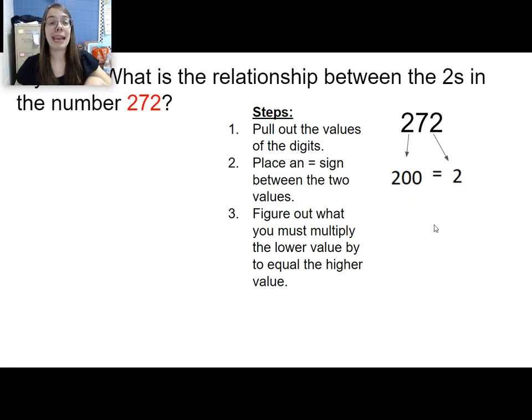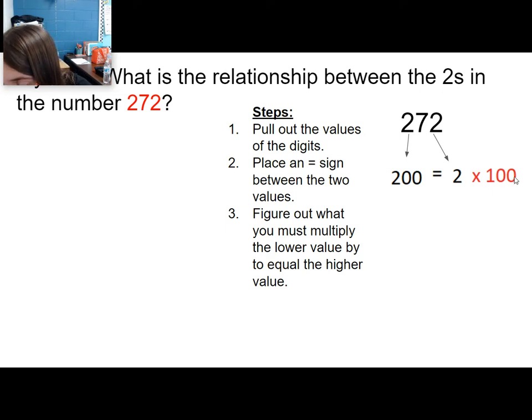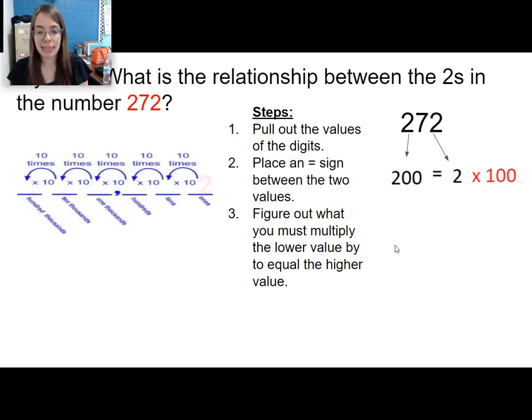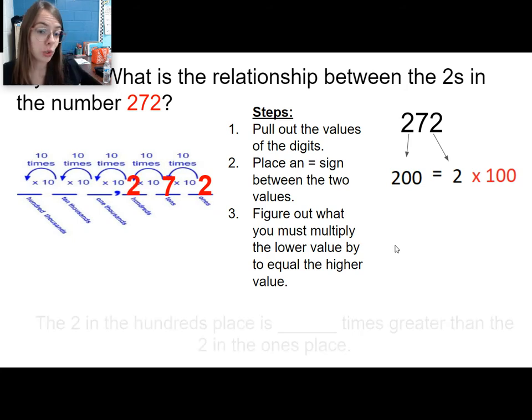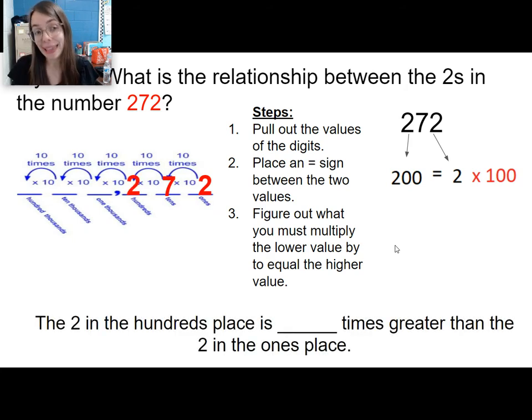So to gain 2 zeros, I have to multiply by 100, because 2 times 1 is 2, and we would tack on 2 zeros. So we could say the relationship between the 2's in 272 is that the 2 in the hundreds place is 100 times greater than the 2 in the ones place.